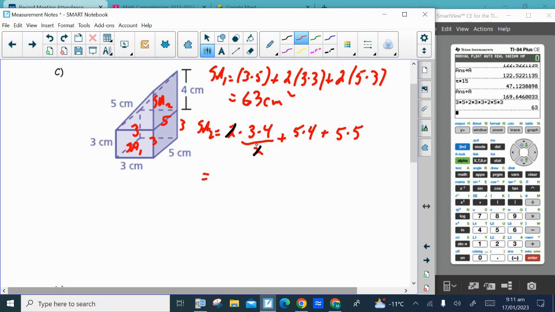So what do we have here? We have 3 times 4, which is 12 centimeters squared, plus 5 times 4 is 20 centimeters squared, and 5 times 5 is 25 centimeters squared. So that should be 57 centimeters squared.